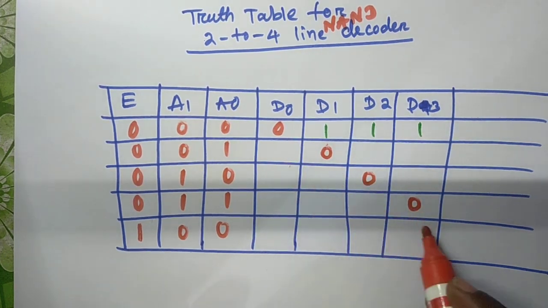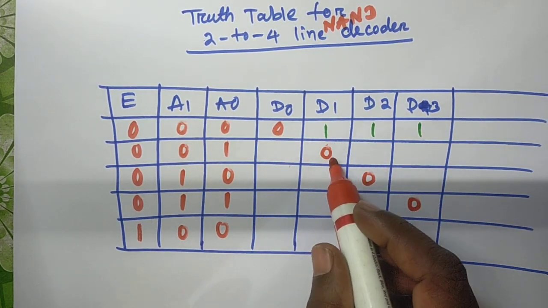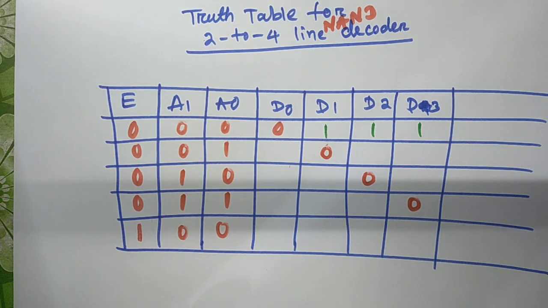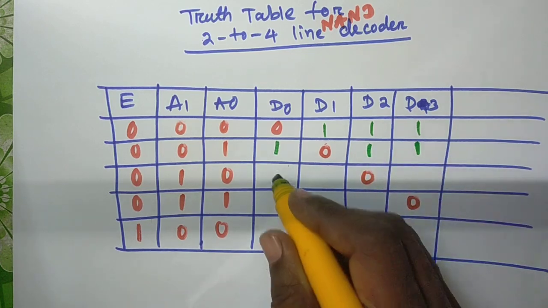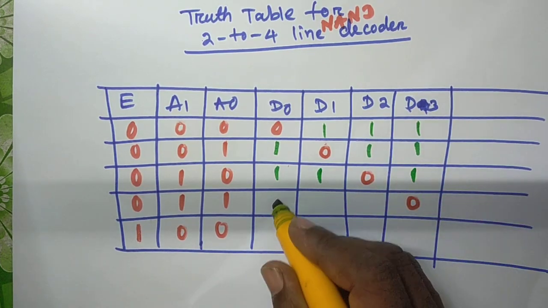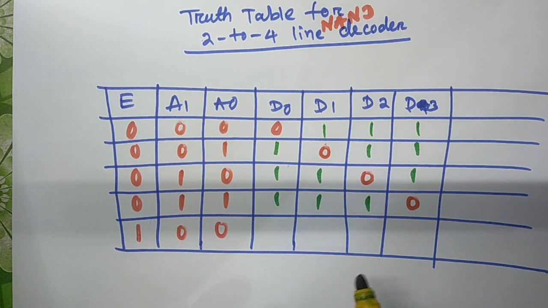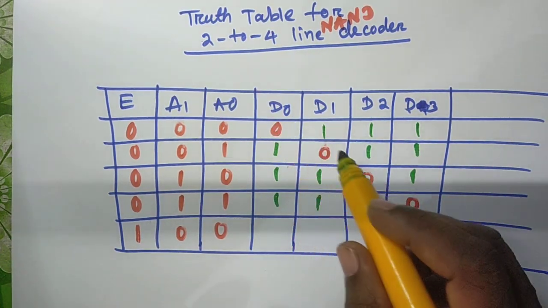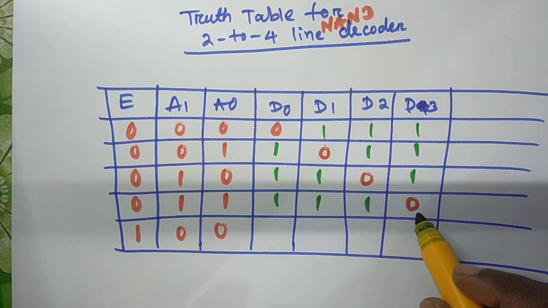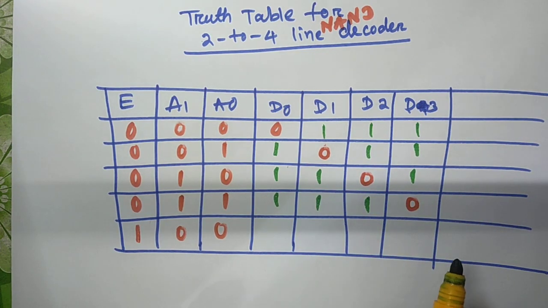Means D0, D1, D2, D3 each will be 0 in turn, and the other outputs will be 1. In this way, the selected output will have the 0 value.